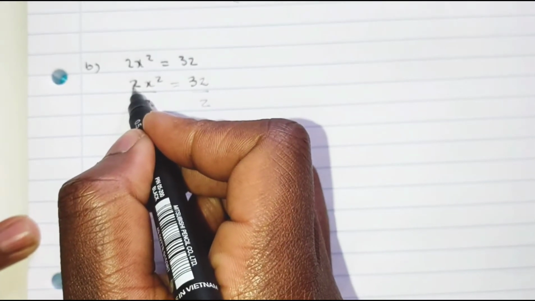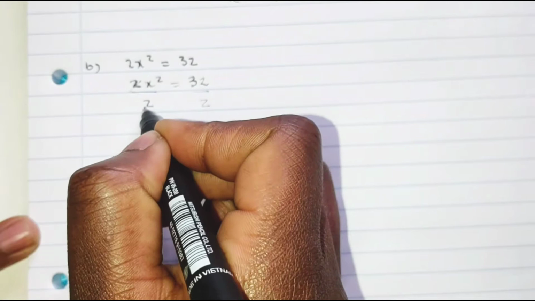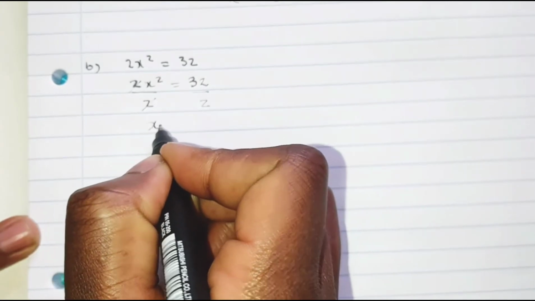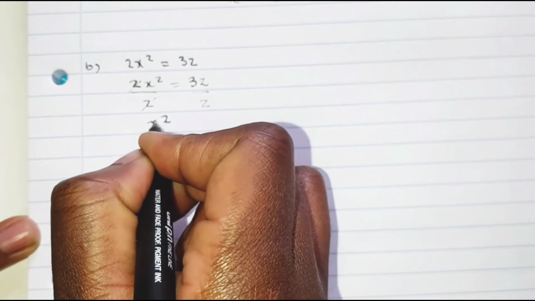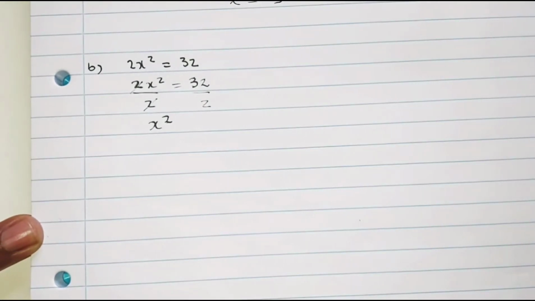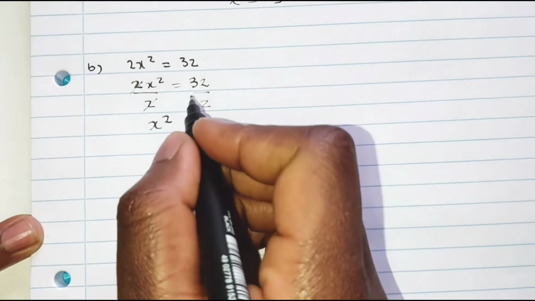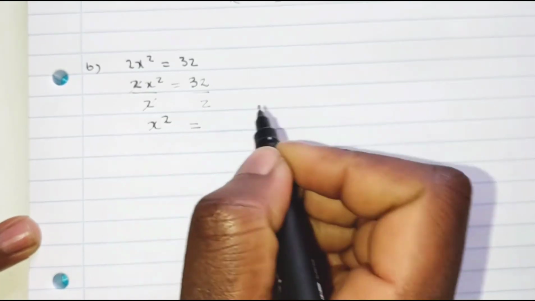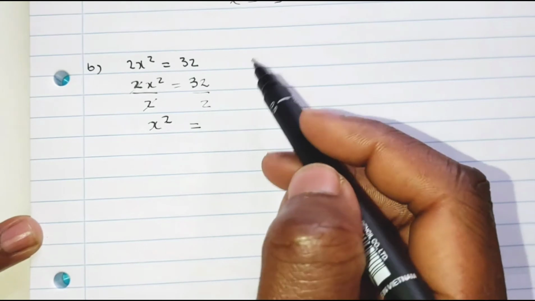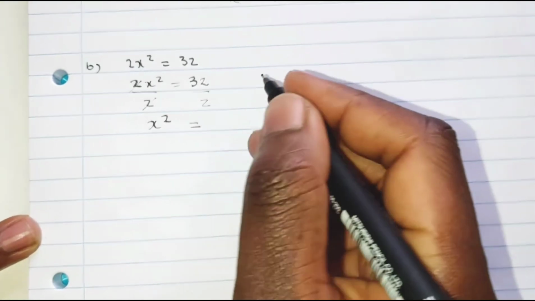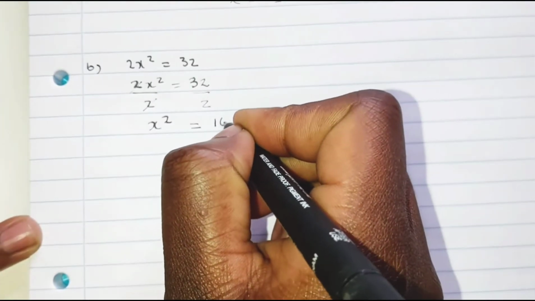This 2 is going to cancel this 2, and we're going to be left with x squared is equal to 32 divided by 2, which is 16, so we write our 16.